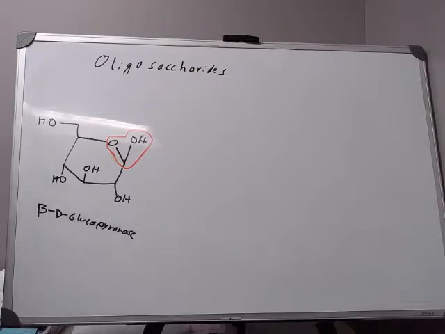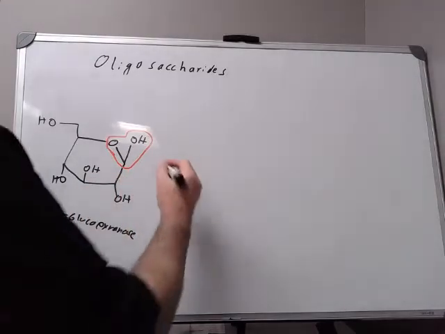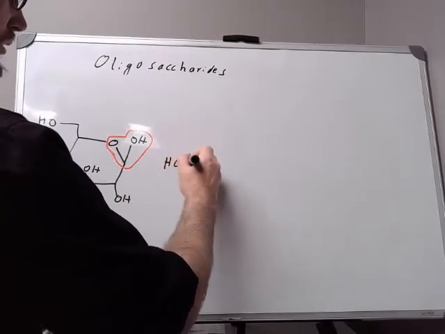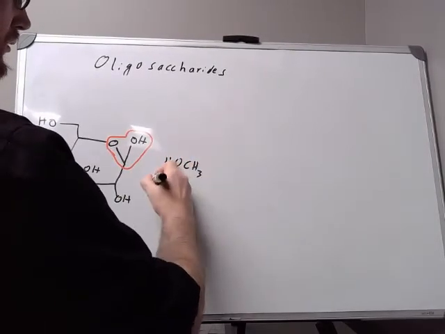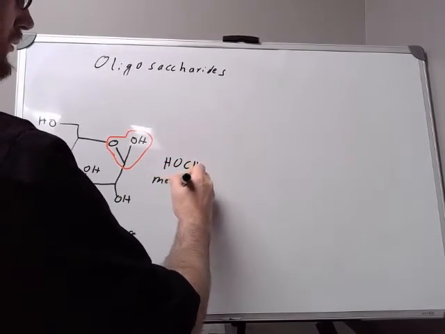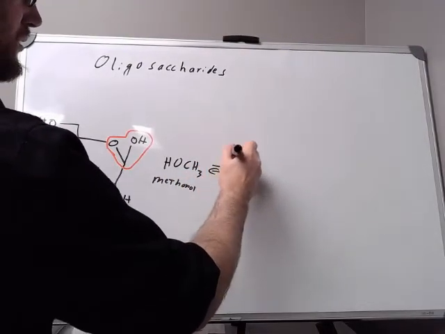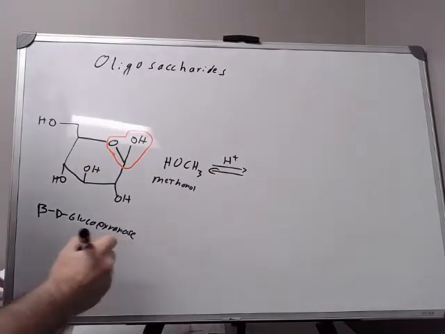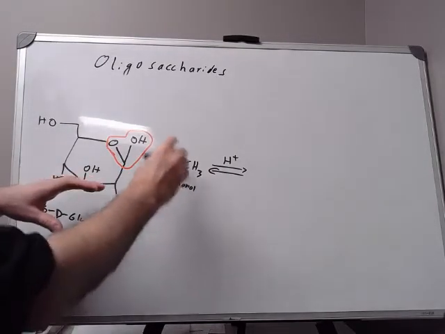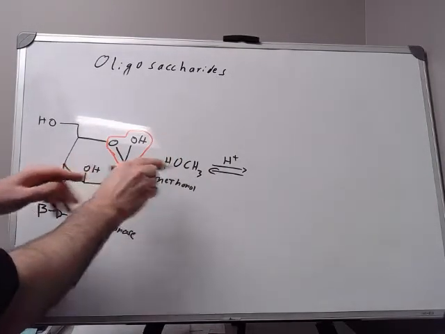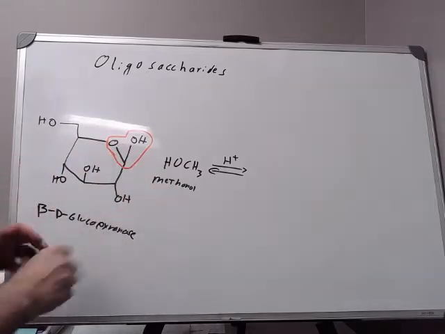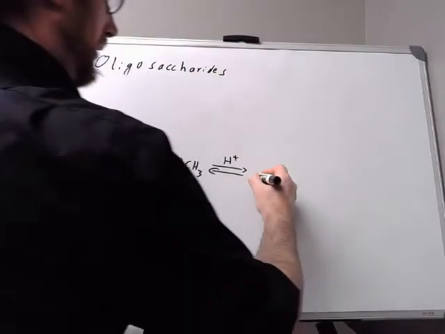And if we react that with methanol, for example, as our alcohol, under acidic conditions, then we can join that methanol, that alcohol, to our hemiacetal to form an acetal.